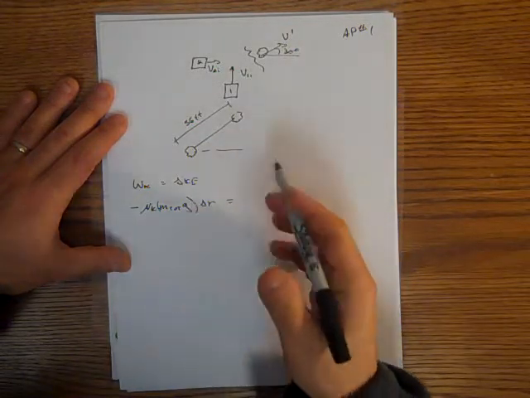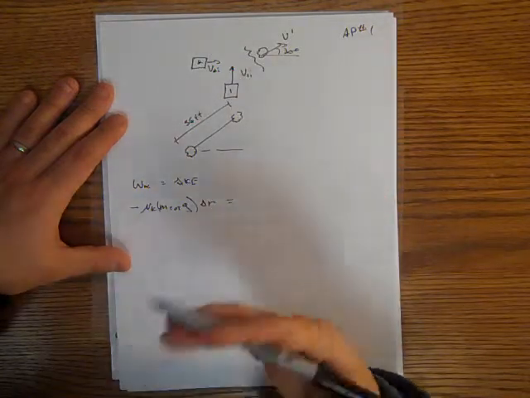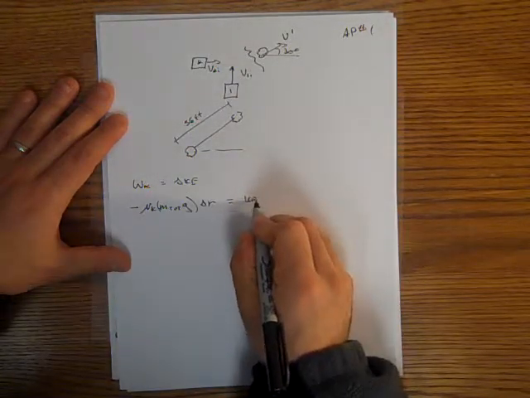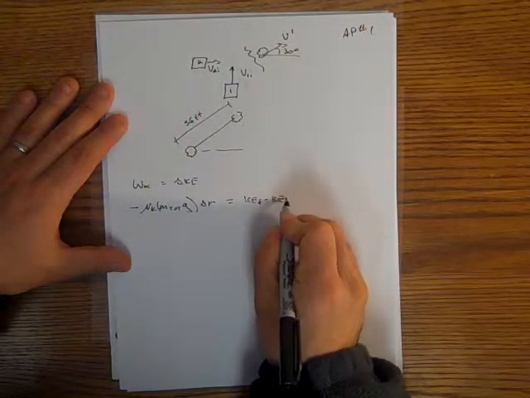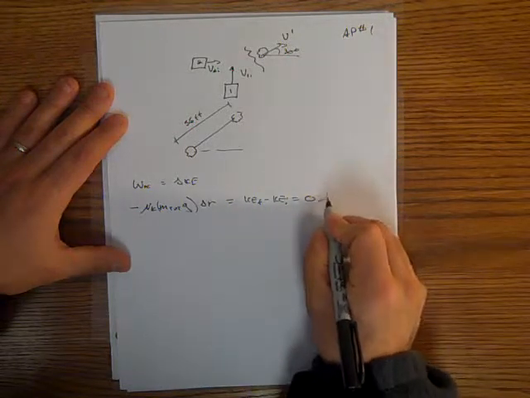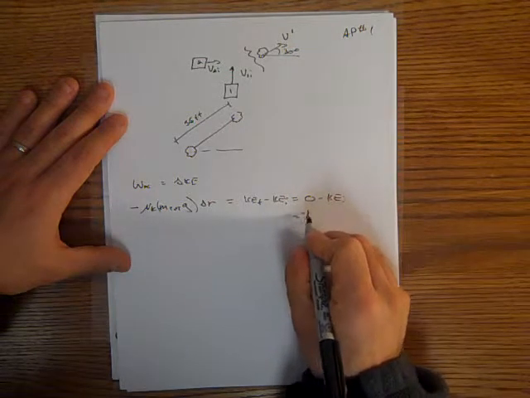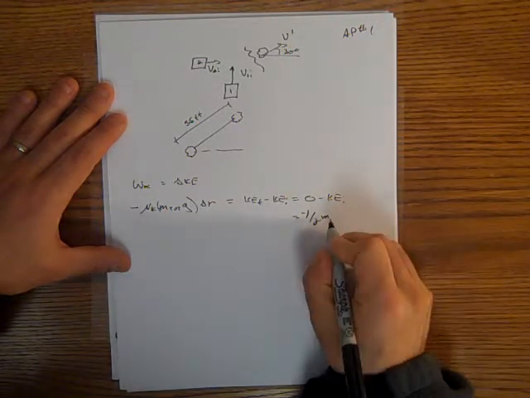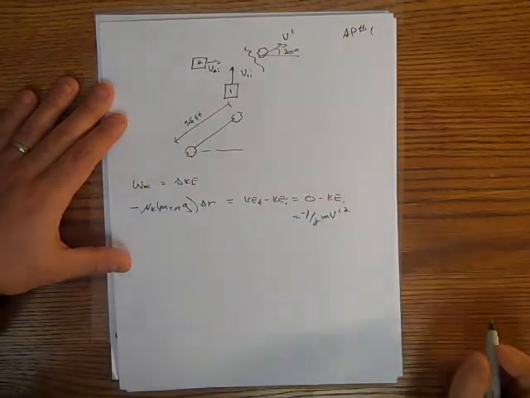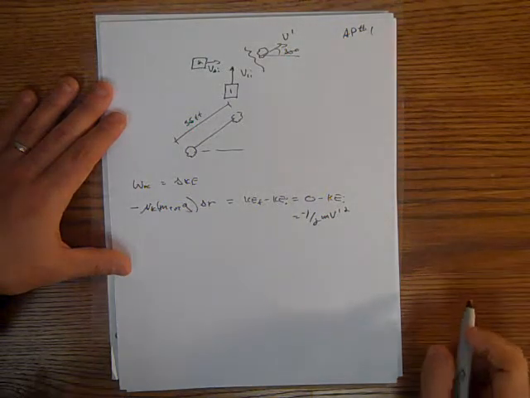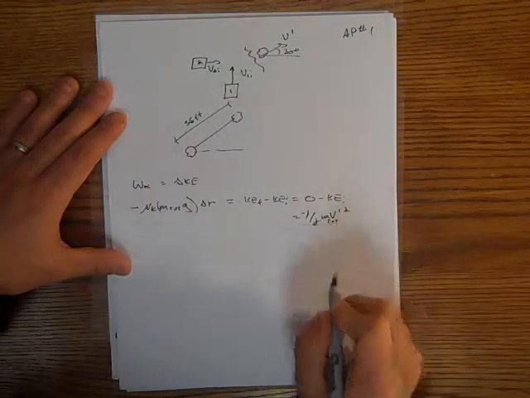Change in kinetic energy is final minus initial, but the final kinetic energy is 0, so it's minus 1/2 m v prime squared, where m is the total mass.